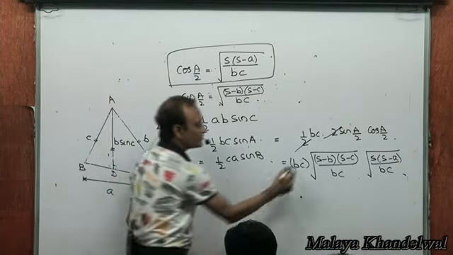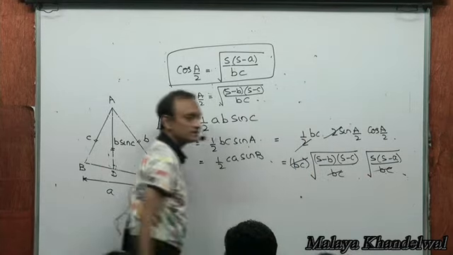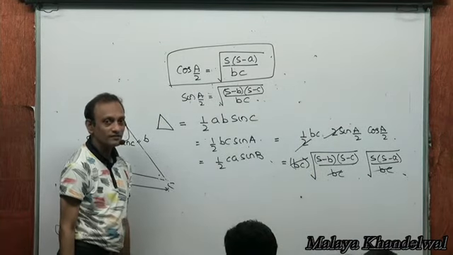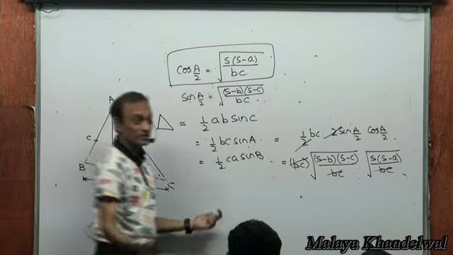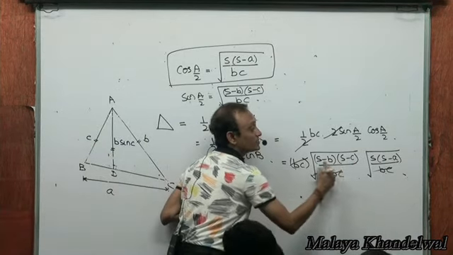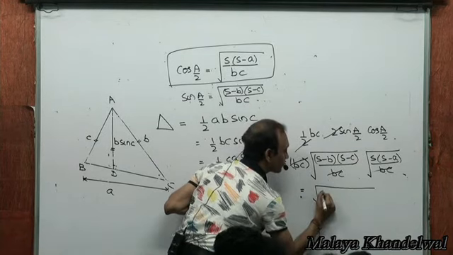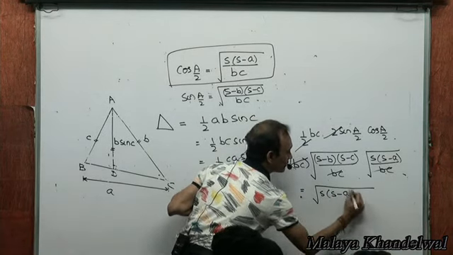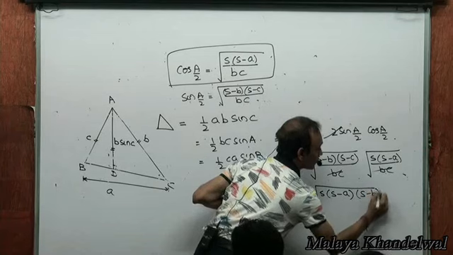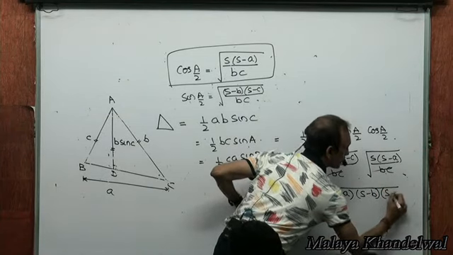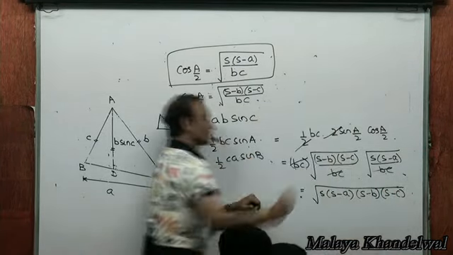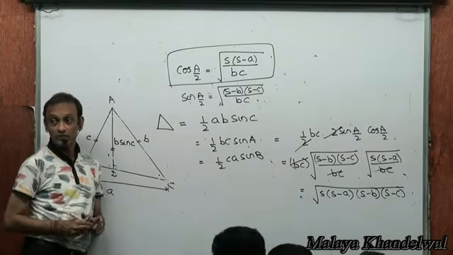Does it look familiar? This bc gets cancelled. Does it look familiar? Heron's formula: root of s into (s minus a) into (s minus b) into (s minus c).